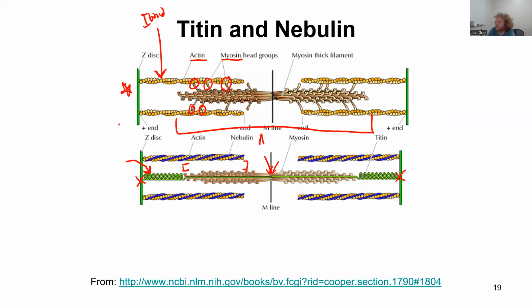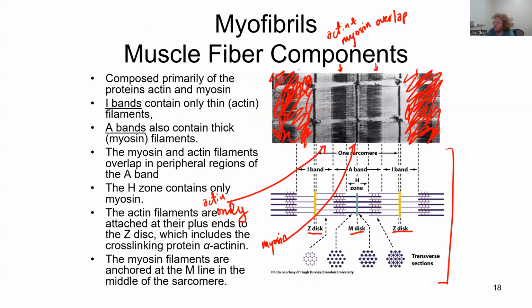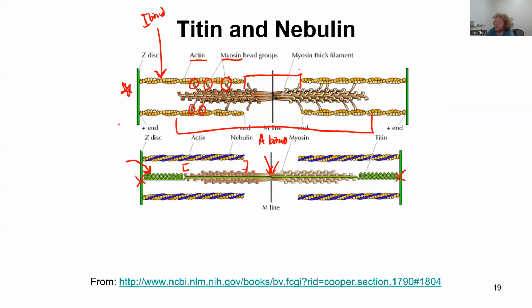So this entire thing is my A band, that entire region. This small cutout here, let me erase that part too and draw a more narrow line. That is my H zone.